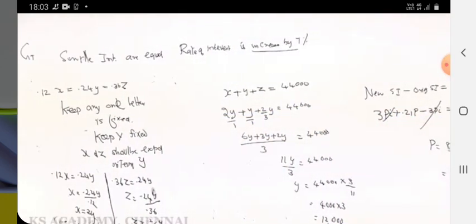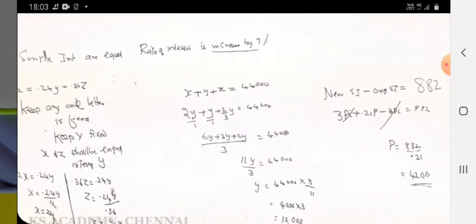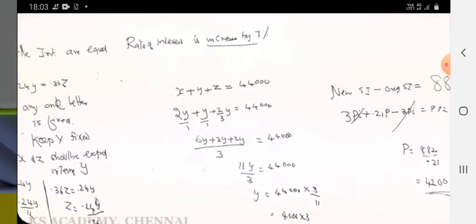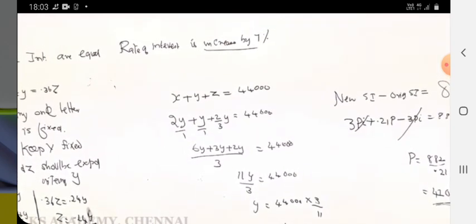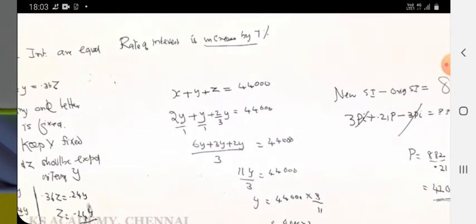I calculated everything in terms of Y. I kept Y as it is, X I converted in terms of Y, Z I converted in terms of Y.